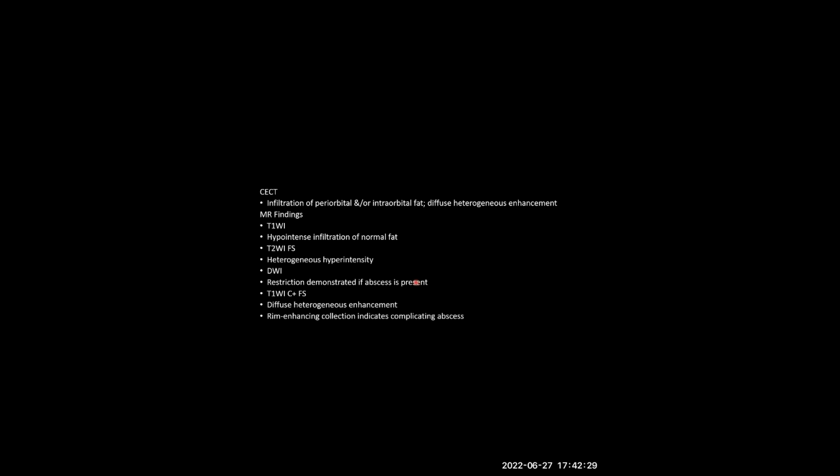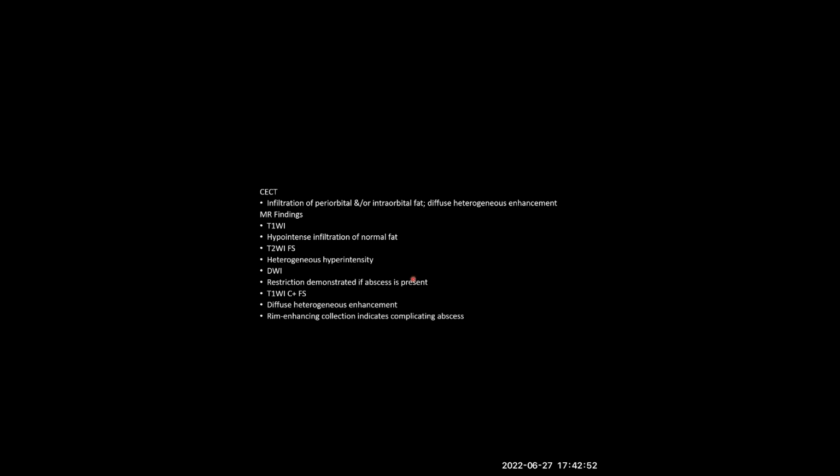But if you undercall the findings which you see in orbital cellulitis, this patient may have a lot of problems, because ophthalmic vein thrombosis means cavernous sinus thrombosis.